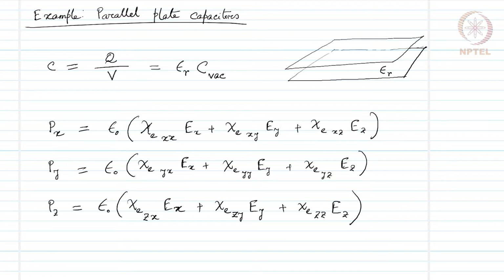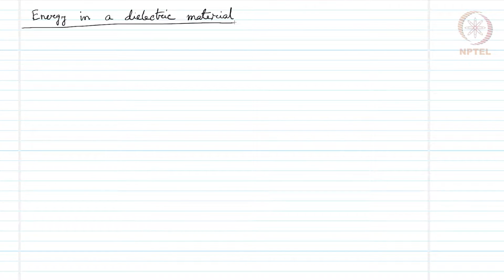Now, let us consider the energy in a dielectric material. How much work is done to store the amount of charge Q and maintain a potential difference V between the plates in a capacitor?